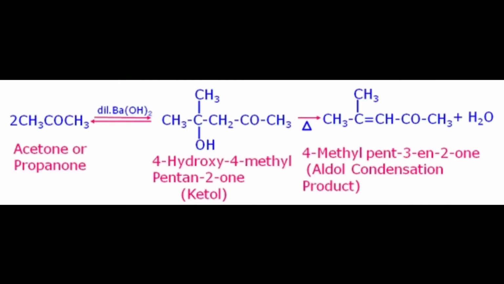For example, acetone or propanone in presence of Ba(OH)2 gives 4-hydroxy 4-methyl 2-pentanone or ketol, and the final yield of the reaction is 4-methyl 3-penten-2-one, which is the aldol condensation product.